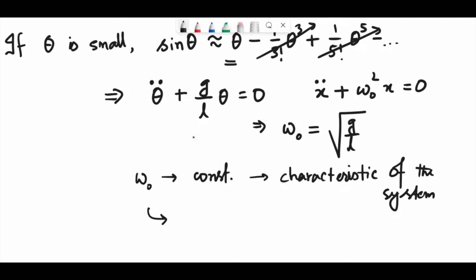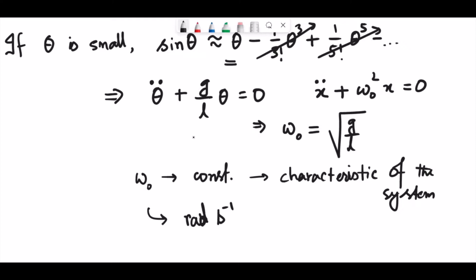So omega has the unit of radian per second, the same as the angular velocity, but that's another coincidence. However, angular velocity and angular frequency, as I'm emphasizing again and again, are two different things.